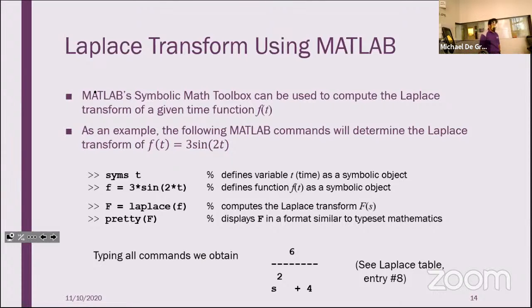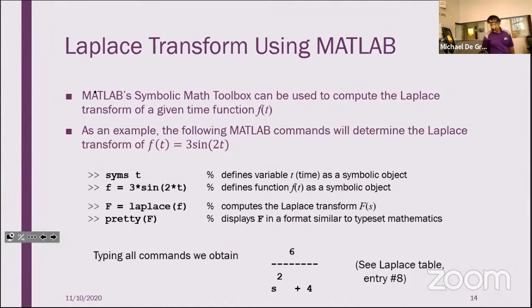You need the symbolic toolbox. So you type, there's that. We're going to take the Laplace transform of 3 sine of 2t. So we say syms t, that defines our time t as the symbolic variable.